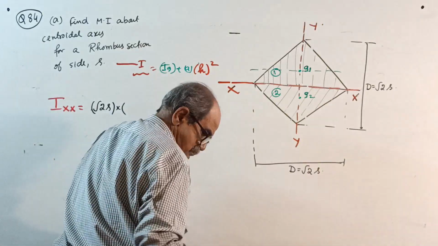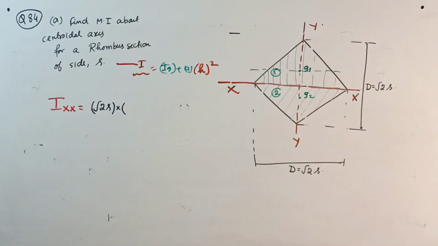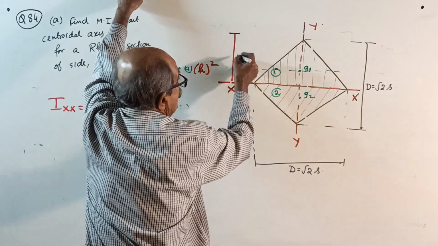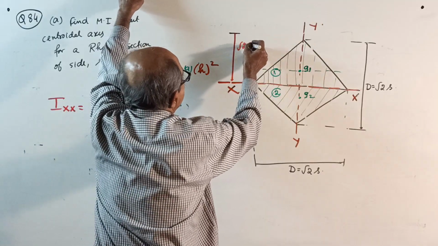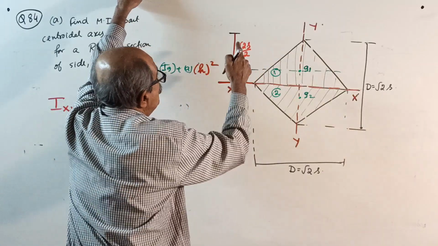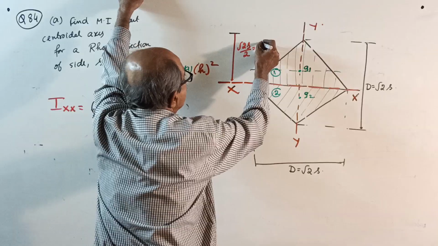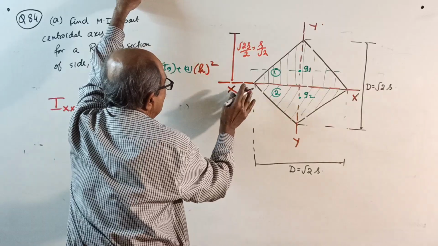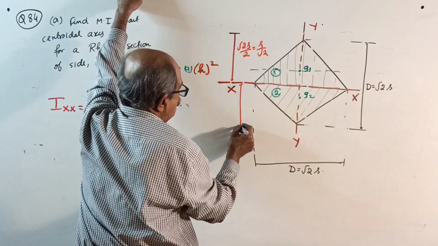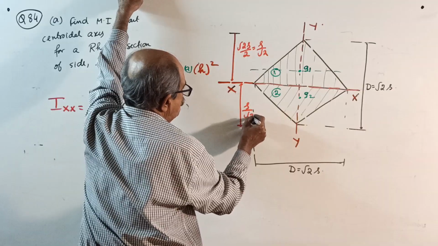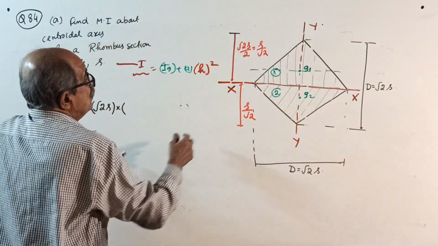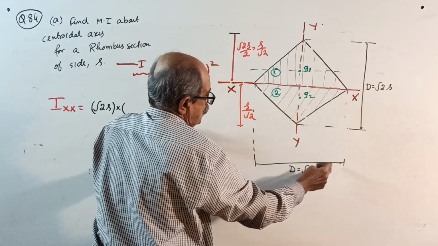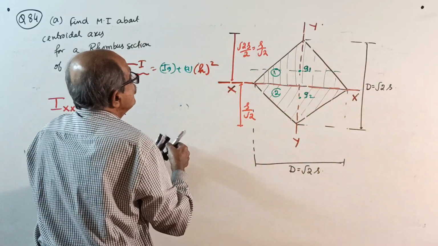Total is root 2s. This will be equal to root 2s divided by 2. Root 2s divided by 2 is s by root 2. Or as I told you, s by root 2, half the diagonal. This also is s by root 2. For this isosceles triangle, full triangle, base root 2s, height s by root 2.